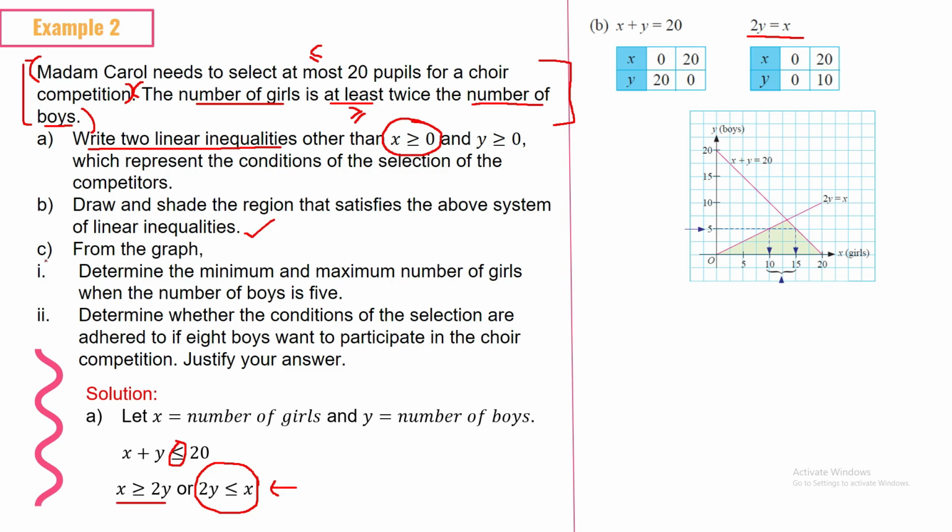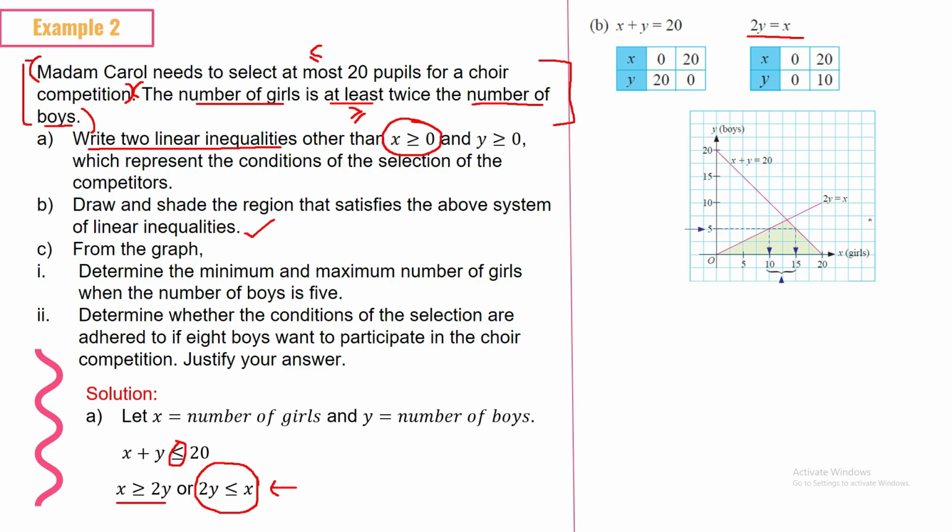Now we move on to C. From the graph, first determine the minimum and maximum number of girls when the number of boys is 5. Just now we made the justification: x is the number of girls and y is the number of boys.